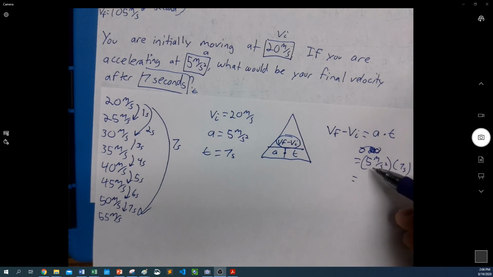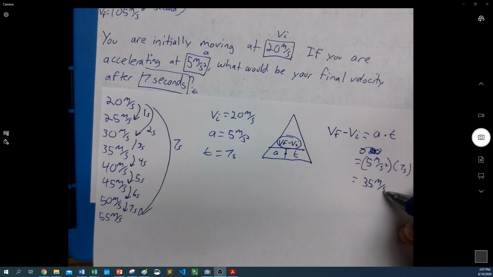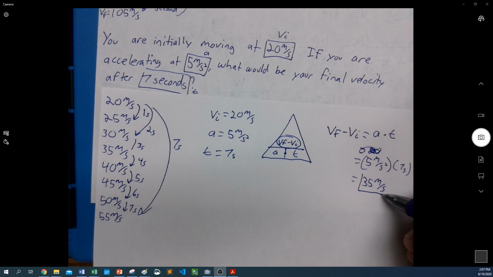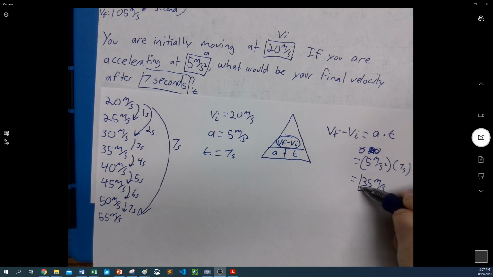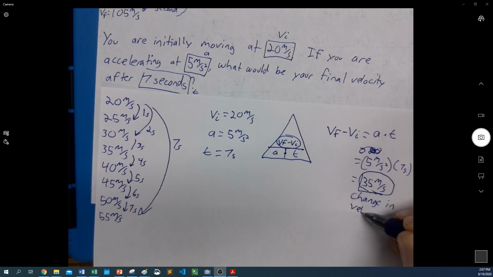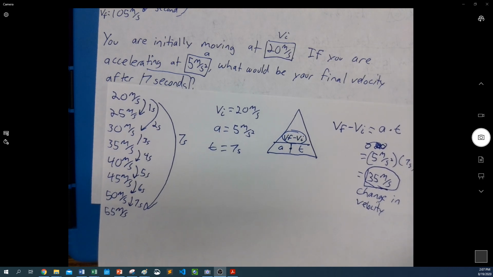And 5 times 7 is 35 meters per second. So 35 meters per second is your change in velocity. That's how much your velocity changed.